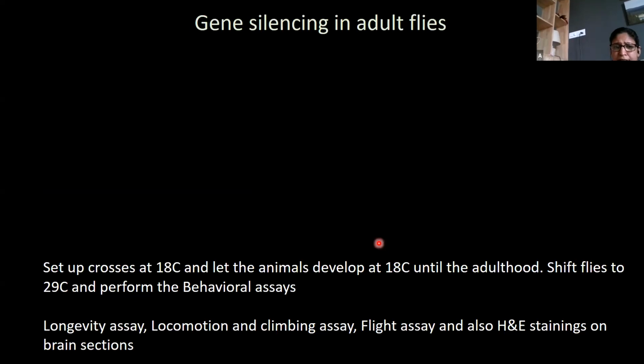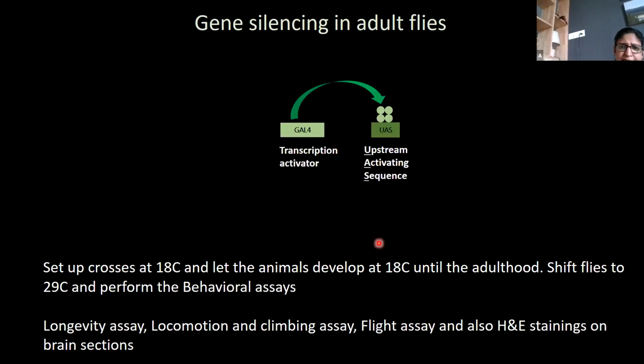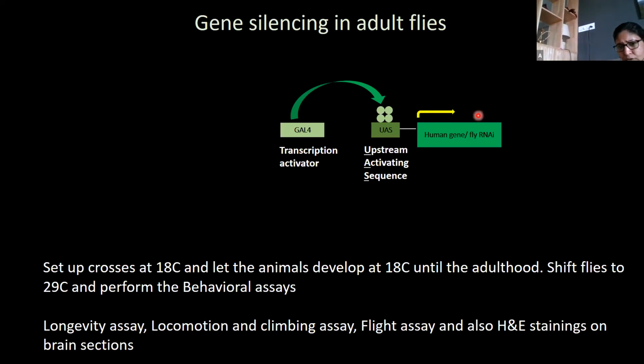So how does it work? Basically, the UAS-GAL4 system, as I'm sure you have heard in previous classes, but quickly, UAS stands for upstream activating sequence, and GAL4 is a transcription activator. This system is adapted from yeast, and it works very well in Drosophila. GAL4 binds to UAS and drives the expression of any coding sequence placed downstream of the UAS.